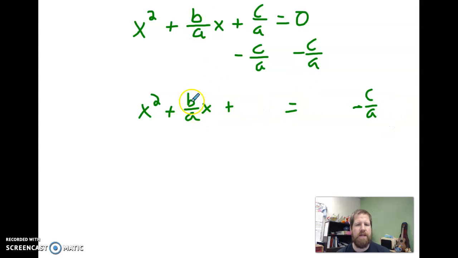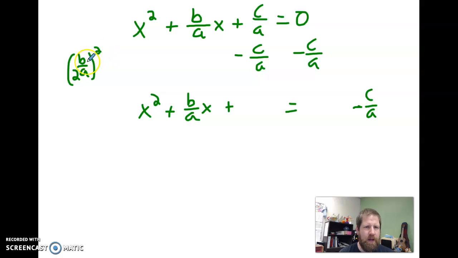Okay, so I need to find my third term to complete the square. So remember that is half of my second term squared. And don't be confused by the fact that b is up here. It is this whole thing, okay? So it's going to be my b over a, and this would usually be divided by 2, so my 2 is going to go right here, b over 2a squared.